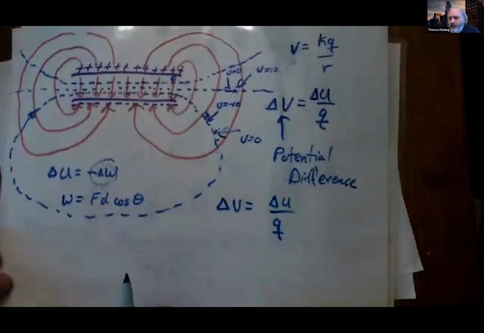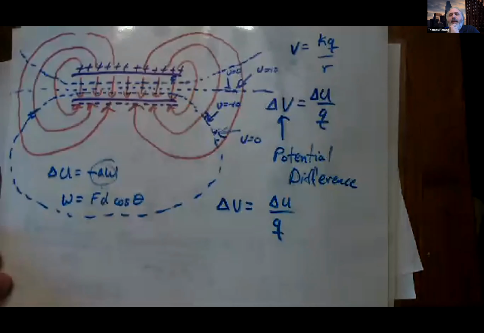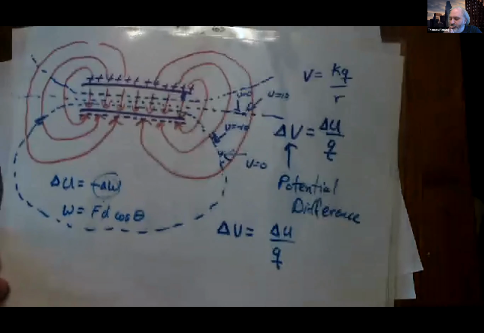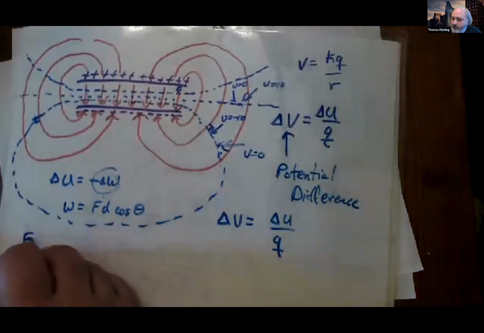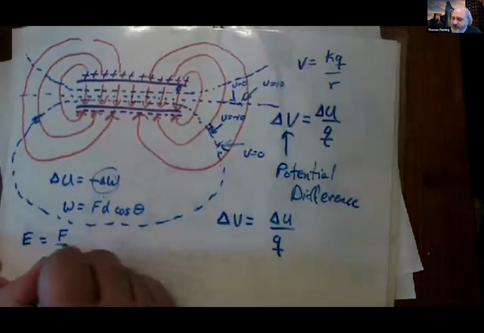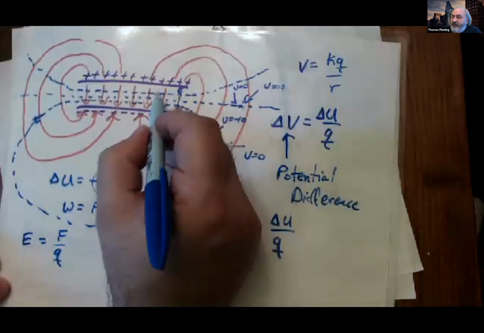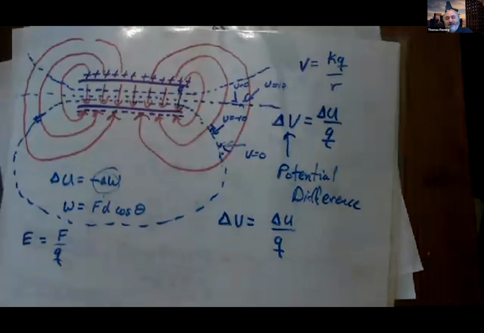Okay. So I'm going from here to here, and I'm thinking about how much force I feel. Well, but wait a second. The force is related to the electric field. And the electric field inside this gap we said was constant, right? That means the amount of force that I feel is also constant.